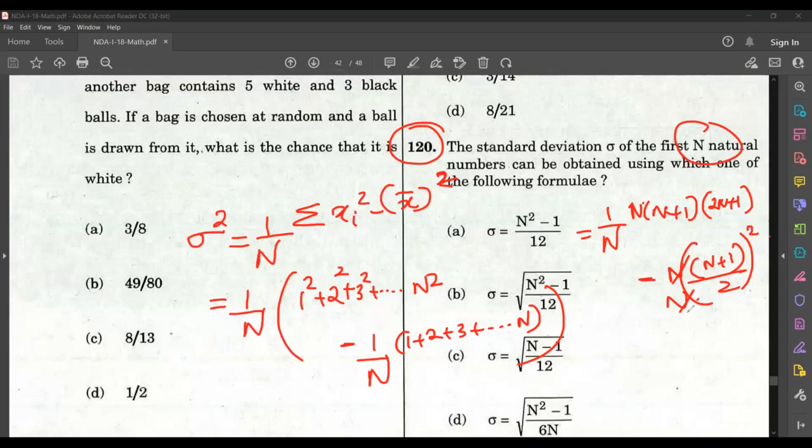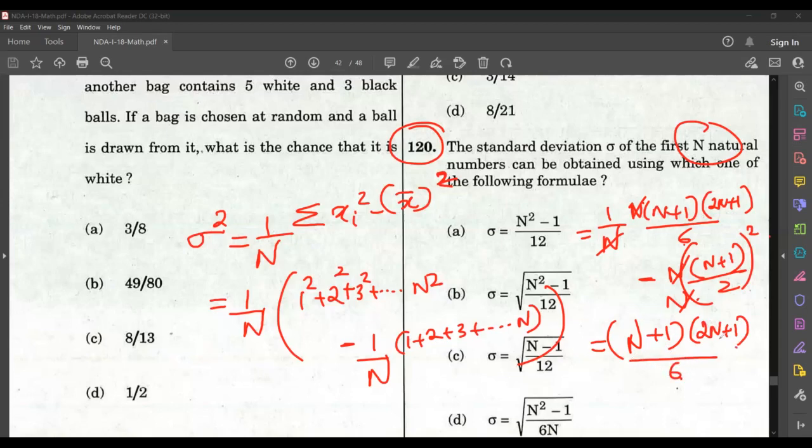So this n and n will go, n plus 1 into 2n plus 1 divided by 6 is here.